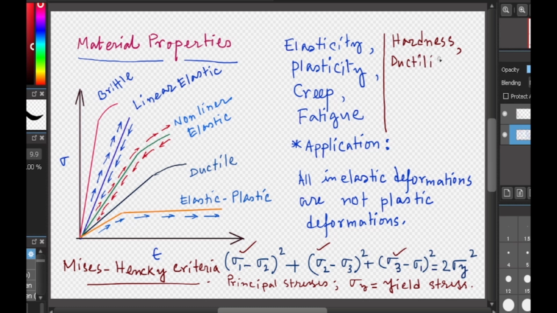Ductility, malleability, and next that is toughness. So these are the criteria that we need to study, but these are the secondary parameters. But the most important factor among these is obviously creep.